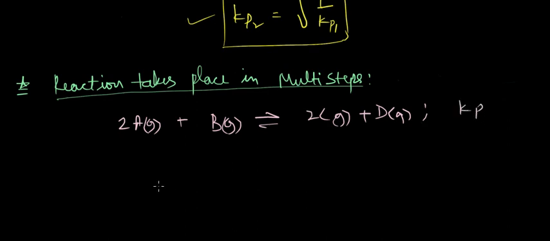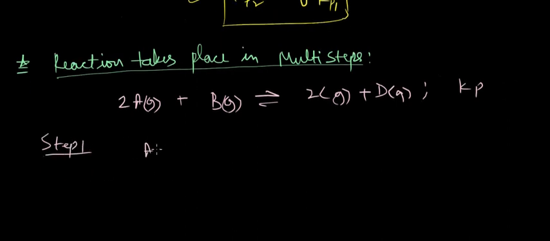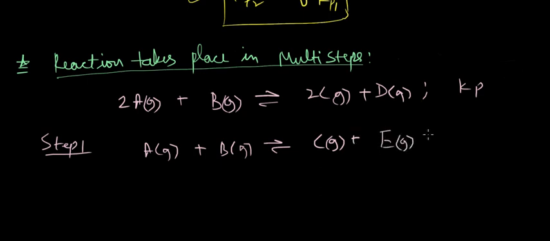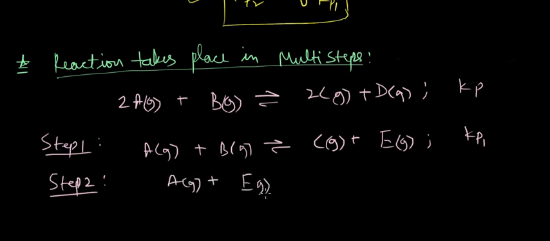The step 1 for the reaction was A(g) plus B(g) getting converted into C(g) plus E(g). This is Kp1. And step 2 would be A(g) reacting with the products from the previous reaction, forming C(g) again plus D(g).